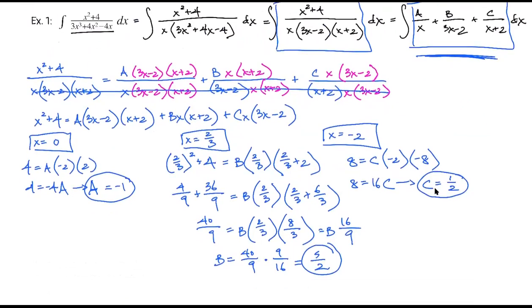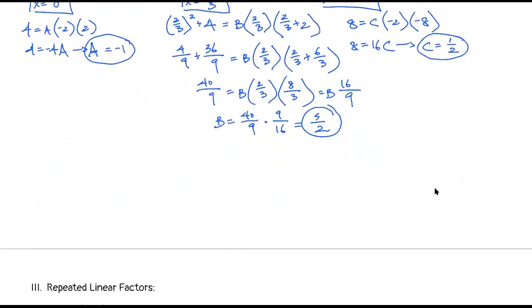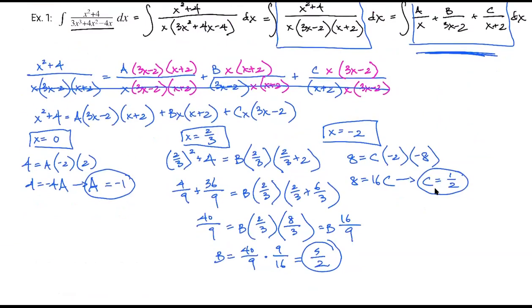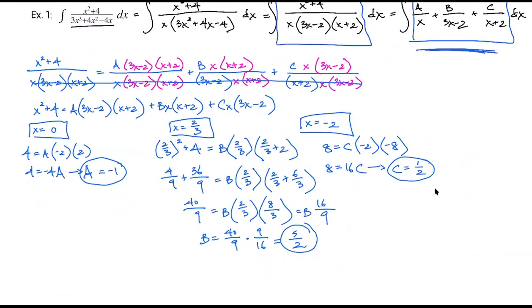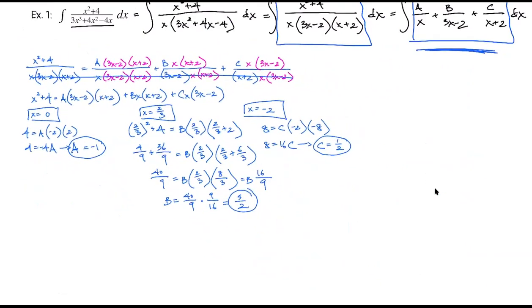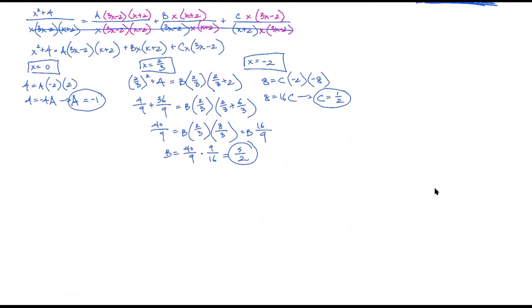So let's shrink that a little bit. I've got the integral of -1/x plus 5/2 over 3x minus 2 plus 1/2 over x plus 2 dx.